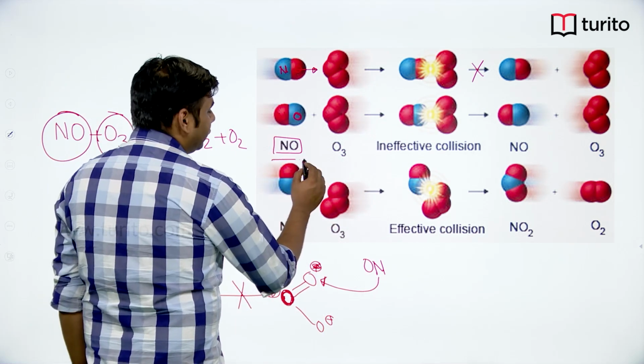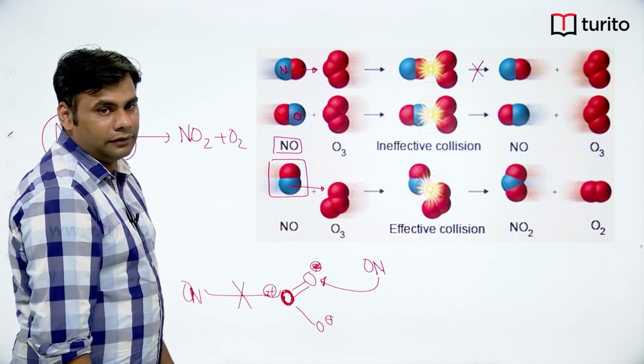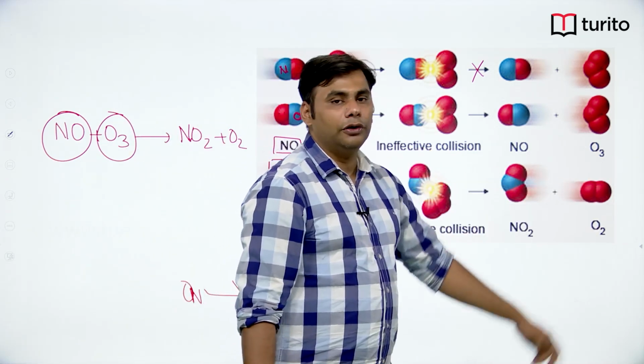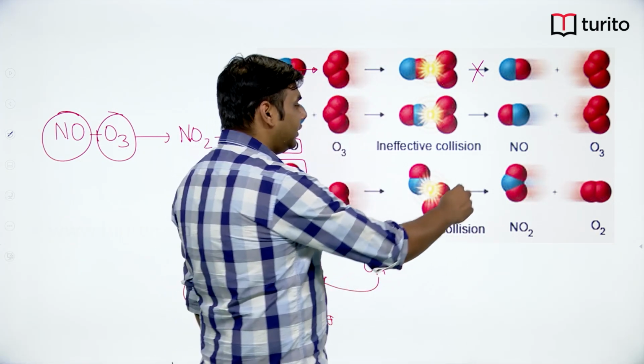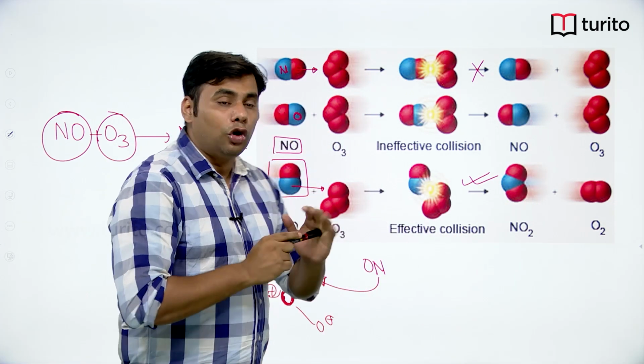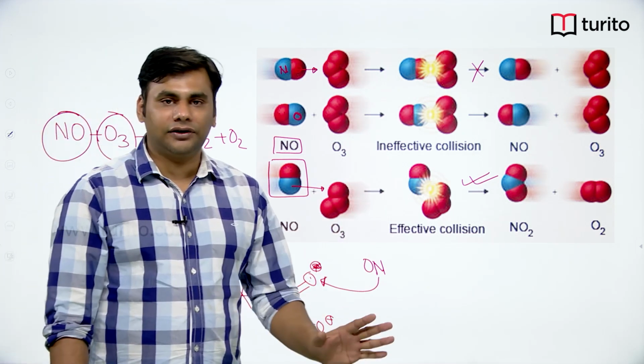Now suppose the molecule is coming something like this, it is going and colliding with this oxygen. So this will pick out this oxygen, it will form NO2 and O2. So this is basically an effective collision. So there has to be a particular orientation factor which will take care that the reaction is happening.